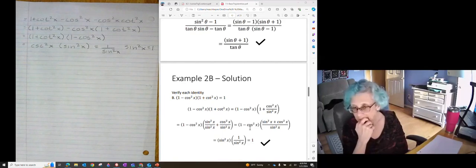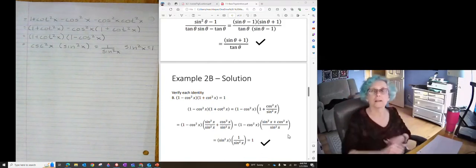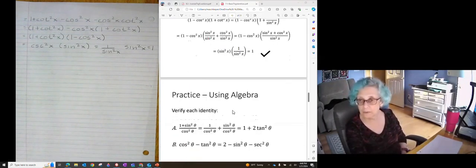And then I got a common denominator and combined like terms here. So I have sine squared plus cosine squared, which is 1. And I still ended up with sine squared times 1 over sine squared, which is 1. So either way you want to do it. That's kind of fun that I did it 2 different ways.